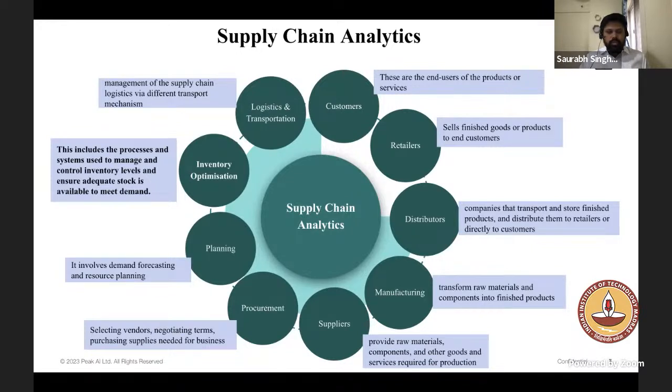Therefore, the focus of the presentation will be on one part of this overall supply chain analytics gamut, which is inventory optimization. Inventory optimization involves the processes and systems used to manage and control inventory levels and ensure adequate stock is available to meet the demand, right? This can be affected by several factors, which are the entities shown in this diagram, for example, suppliers.